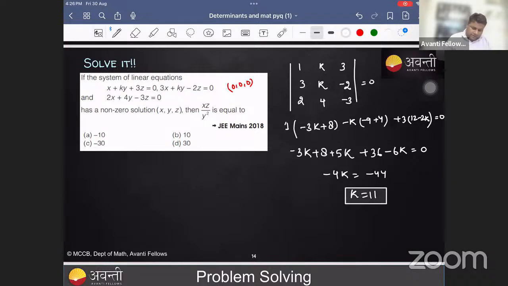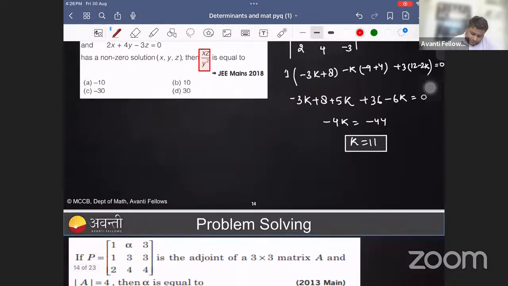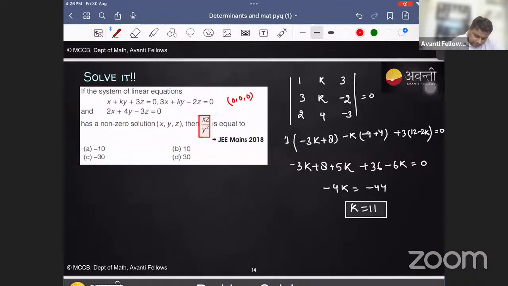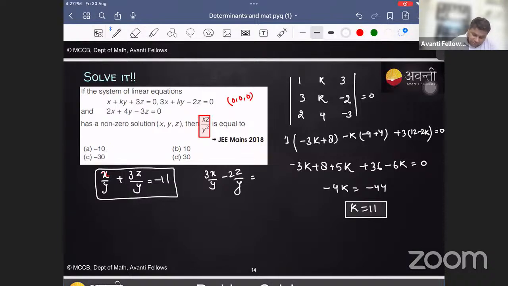Got it? Now see, they're asking for the value of xz upon y square. Yes or no? So what do I do? From the first equation, I divide by y. So it will become x upon y plus thrice of z upon y will be minus k, which is minus 11. One relation you got. Now divide the second equation also by y. So 3x upon y minus 2z upon y is equals to again what?